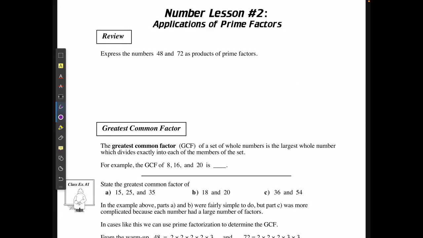Alright, for this lesson we're going to take a look at some of the uses of prime factors and prime factorization. So like with the last lesson, we know how to express numbers as prime factors. We're going to divide by the prime numbers, starting with 2 until I can't do it anymore.